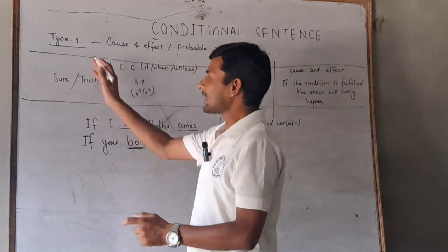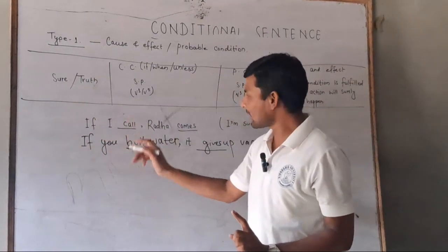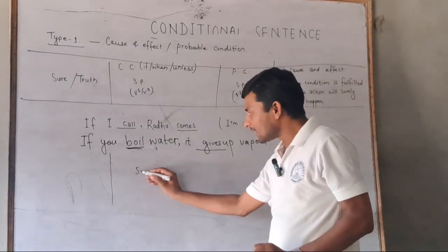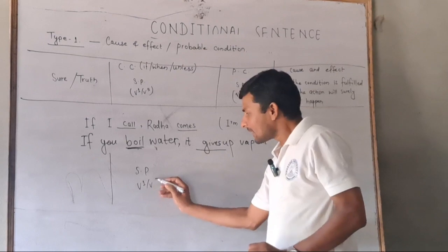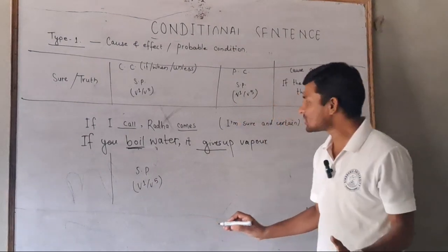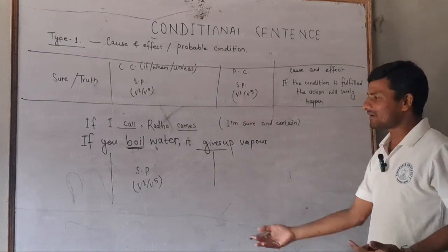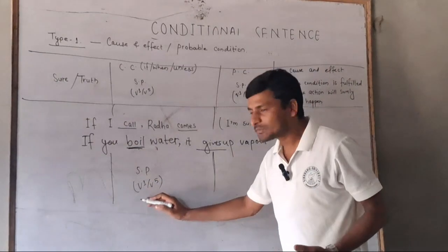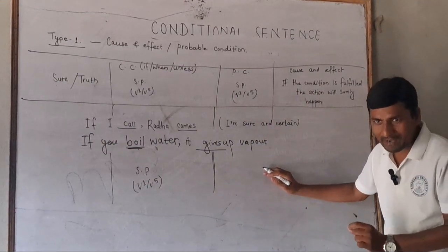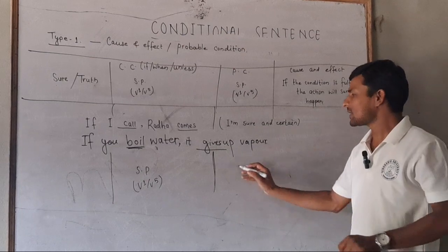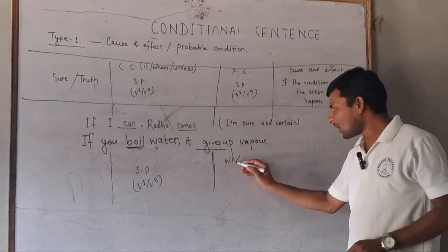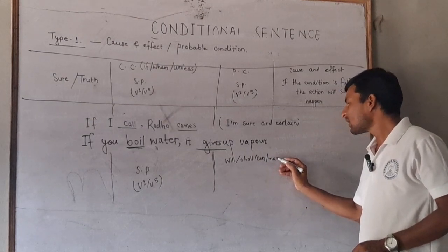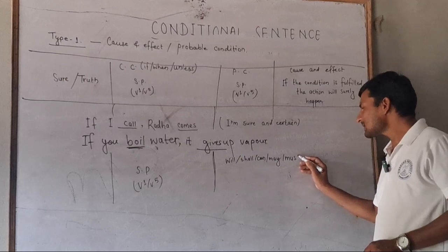Another thing that we have to discuss in type 1 is if you are not sure here, then this side simple present verb 1. If you are not sure, you think probably it will happen. If this condition is fulfilled, it is CC. If it is fulfilled it will happen, but you are not certain, then you have will or shall or can or may or must plus verb 1.